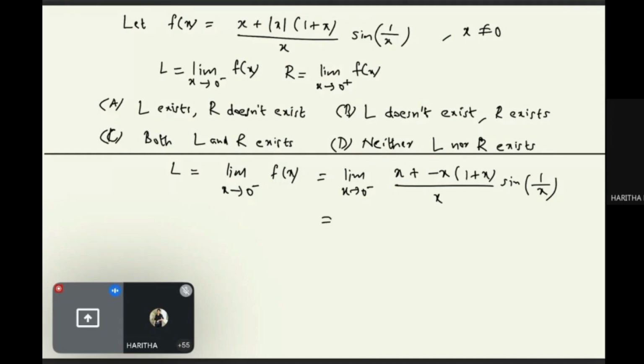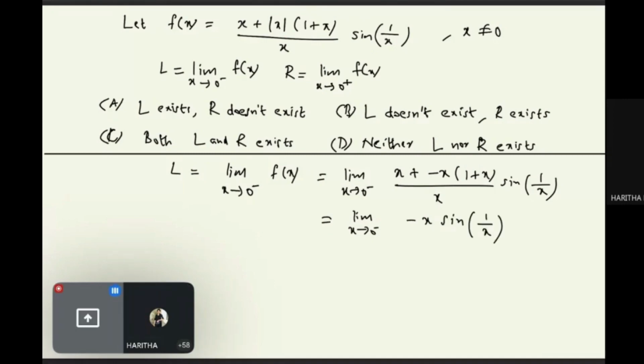So I think maybe I will directly write it. When you simplify the numerator, 1x will cancel, and then you get something like minus x sine 1 by x, right?